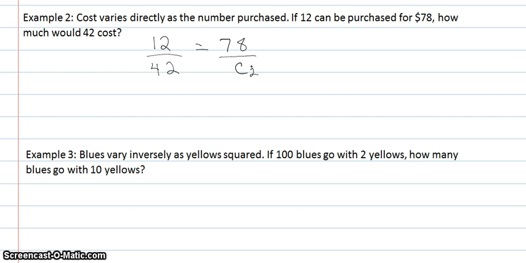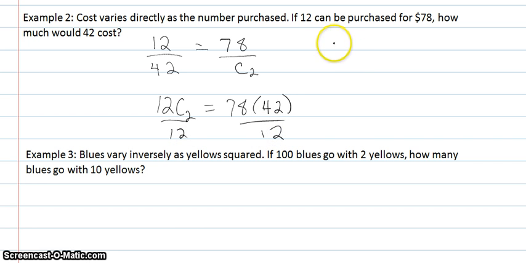Then I cross multiply and divide. So this would be 12 C sub 2 equals 78 times 42. Divide both sides by 12, and then C sub 2 will equal $273.